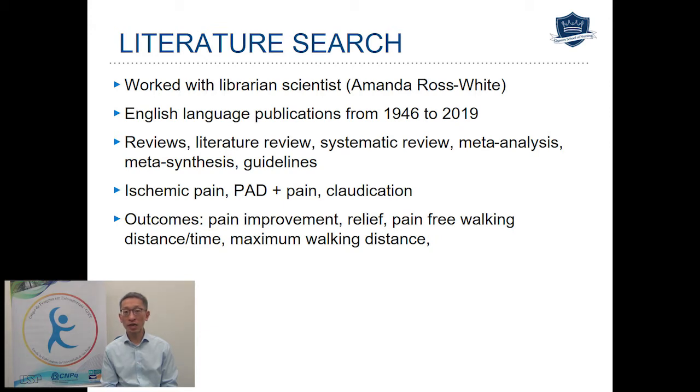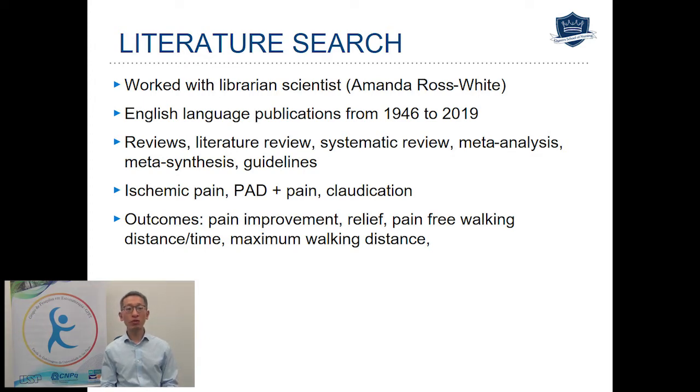So first of all, I want to talk about how we went about doing our literature search. The first step is to identify all the relevant information. So we work with a librarian scientist at Queen's University. Her name is Amanda. We decided to look at only English language publications from 1946 to 2019.